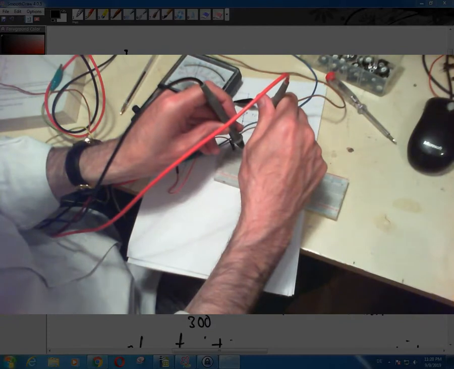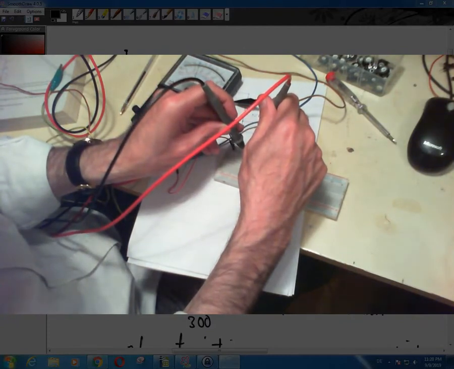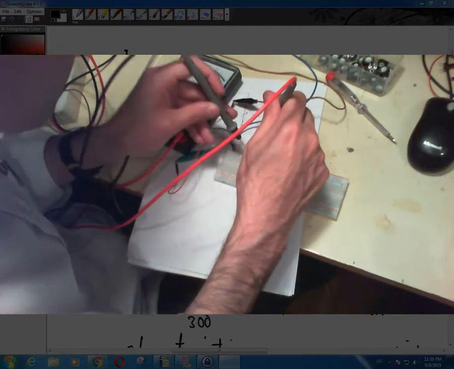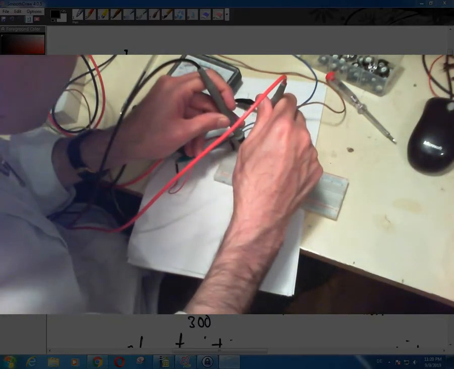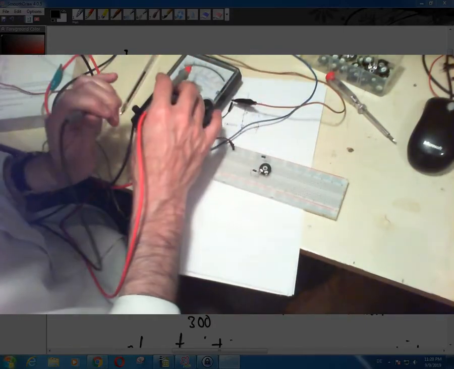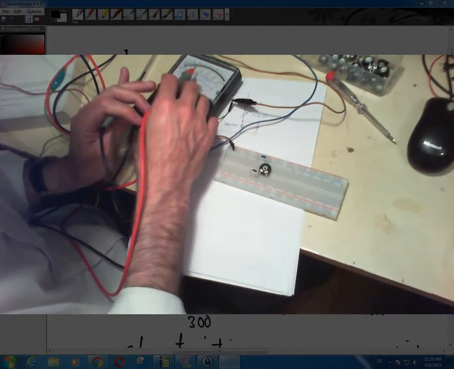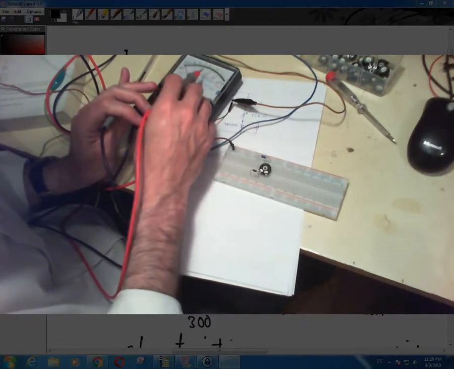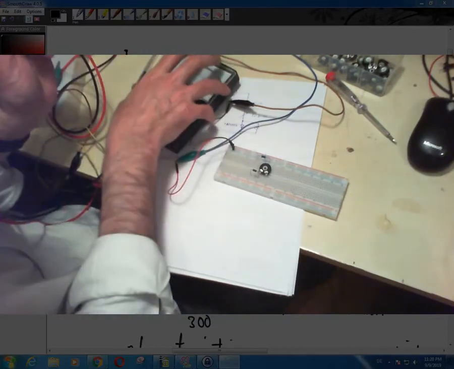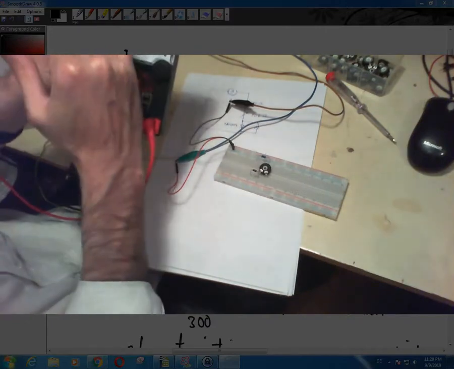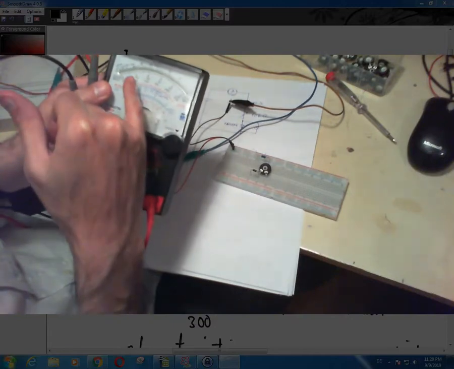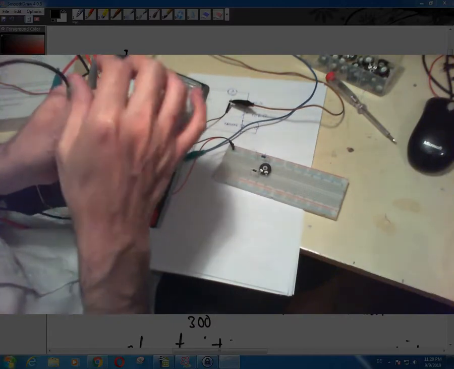I'm reading about 15 volts on here. Over here you have 2, 4, 10, 20. So you have this scale, and you need to understand how to read this scale, of course. You wouldn't see this on the camera, but you need to learn how to read it.